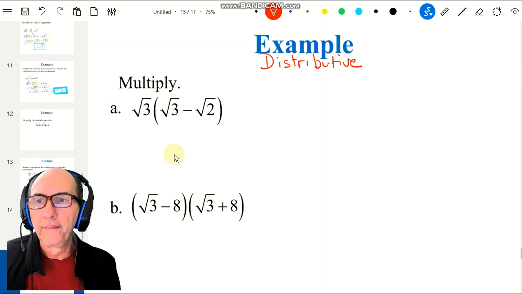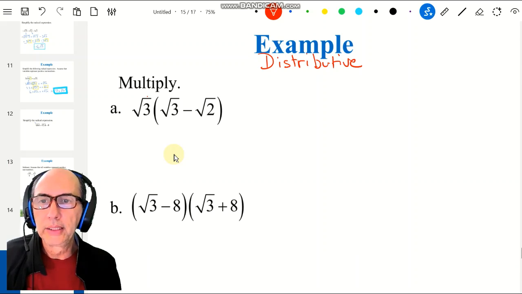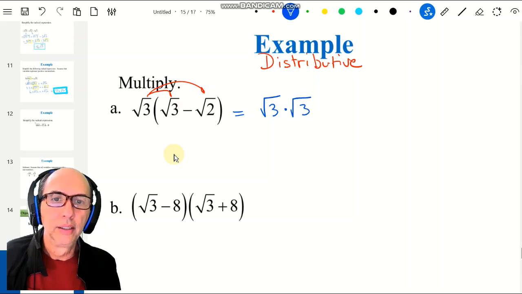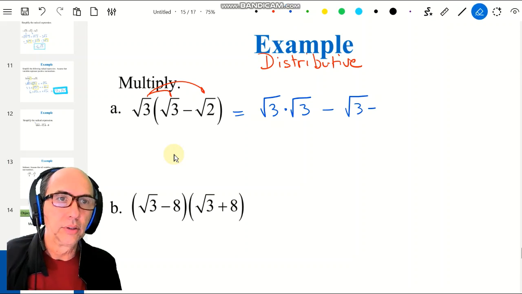Distributive property. The square root of 3 times parentheses, the square root of 3 minus square root of 2. Apply distributive property, then you have a square root of 3 times the square root of 3 minus a square root of 3 times square root of 2.